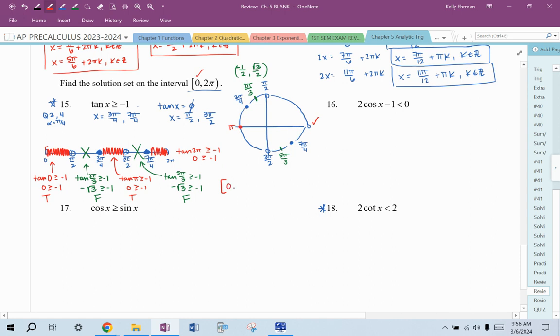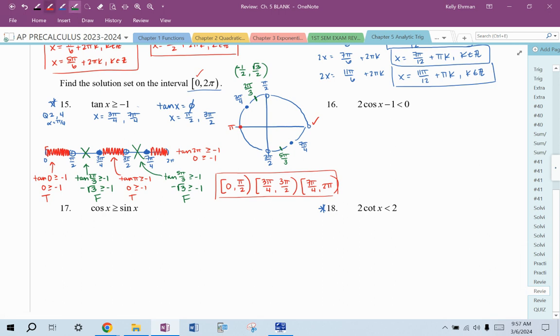So 0 to pi over 2, not including pi over 2, that's where tangent's undefined. And then including 3 pi over 4 to 3 pi over 2, not including, that's a vertical asymptote. And then from 7 pi over 4 to 2 pi, not including 2 pi only because the interval says not to in the directions.